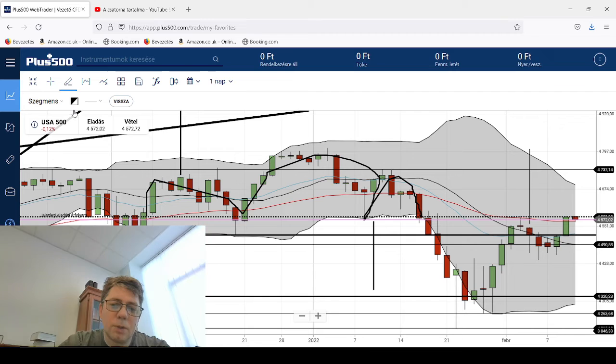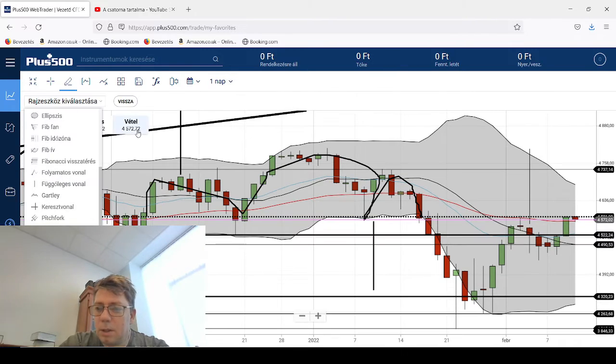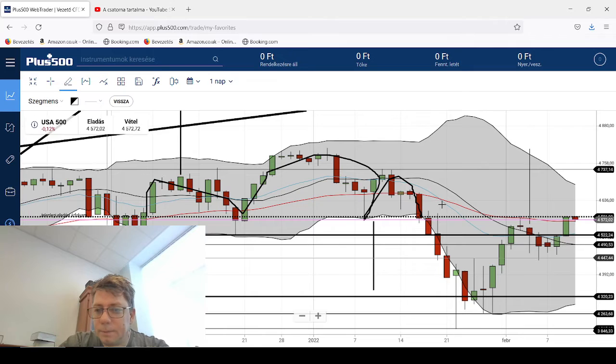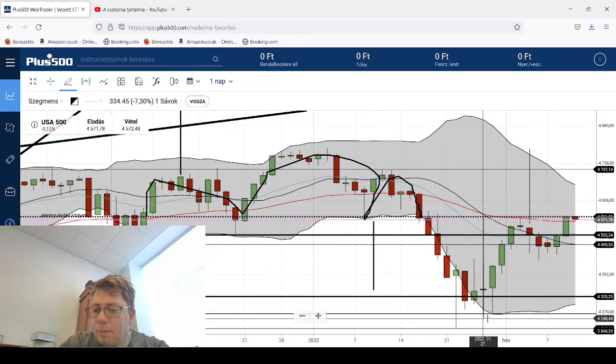If I'm not that conservative and I count the wicks as well, let me measure this here. And of course everyone is waiting for the data which are going to be revealed at 2:30 European time, and we will see how the markets react, and then of course we will be smarter in making decisions.